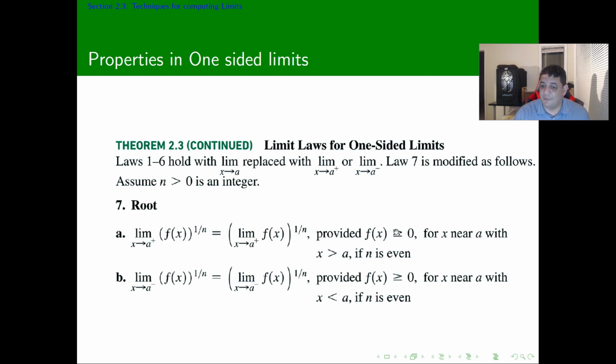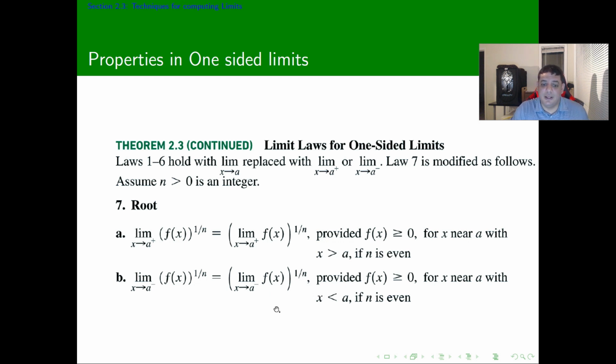So provided that f of x is greater than or equal to 0 when x is near a, when we're approaching from the right side, if we have this, then everything is going to be all right, and we can say, yeah, the limit of the root of f of x is equal to the root of the limit of f of x. Similarly, if n is even, we're going to have the same thing, but we also have to check if f of x is still positive when we're approaching from the left side.